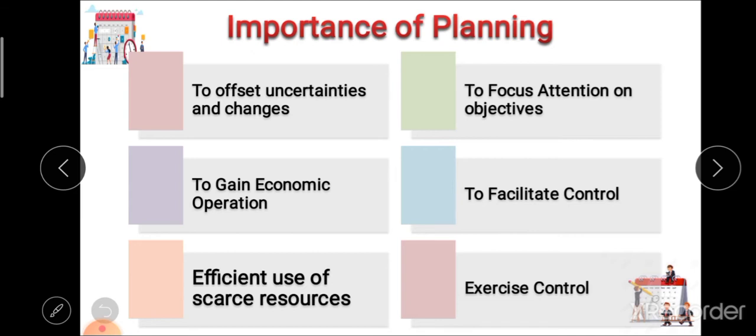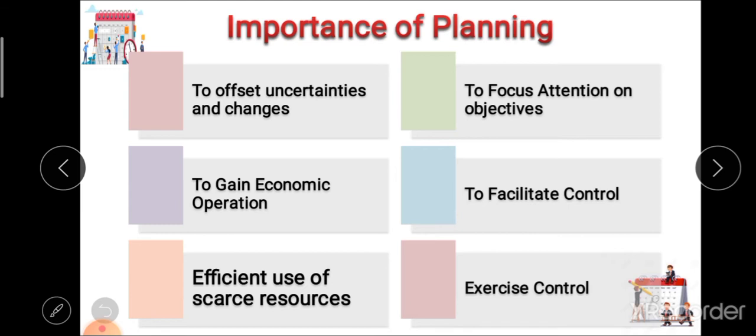Planning means selecting from the available alternatives and making the best use of that alternative to accomplish a common goal. So in the planning process we can offset uncertainties and changes by using the best available alternative.